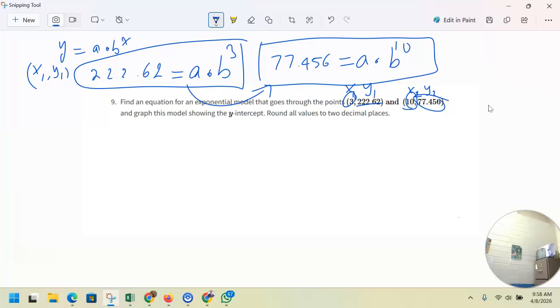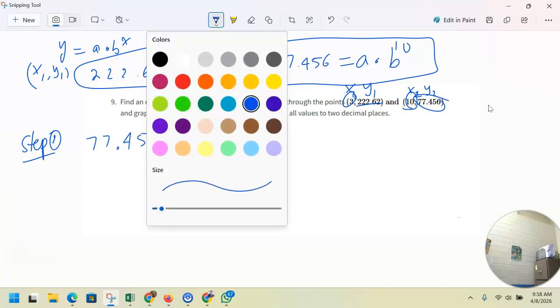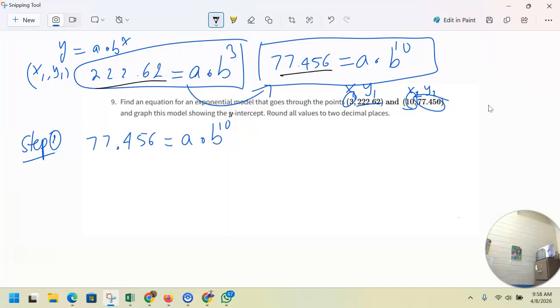So each of these is divided by the other: 77.456 divided by 222.62 equals a times b raised to 10, divided by a times b raised to 3.